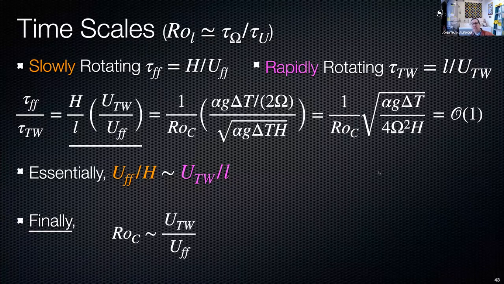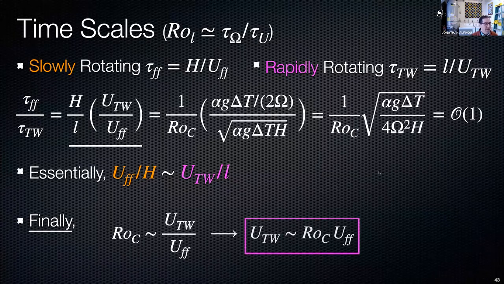That's a very different definition than the original slowly rotating definition from Gilman, and I think this may be a more useful definition. I'll come back to that at the end, but I want to keep that in mind. That applies both in slowly and rapidly rotating universes, and I think it might be more useful in the end for how we think of Ro_C.